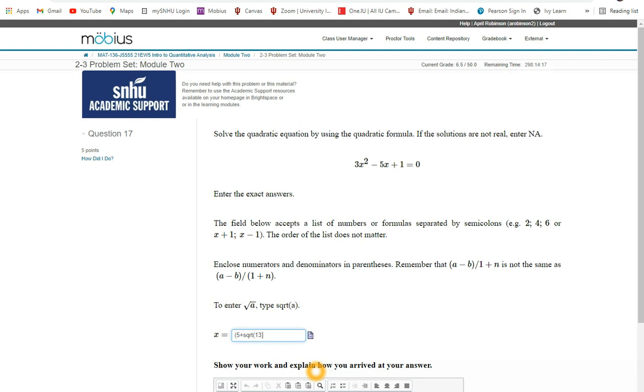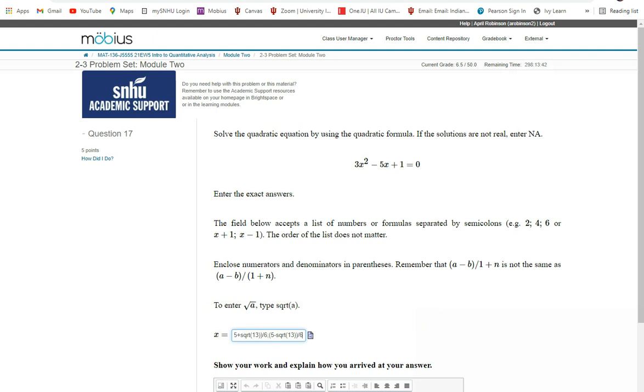Close that parenthesis and then close the original parenthesis and then backslash. And then since my denominator is just a 6, I shouldn't need that in parentheses. And then put a semicolon and then parenthesis 5 minus SQRT parenthesis 13, close the parenthesis, close it again, backslash 6.